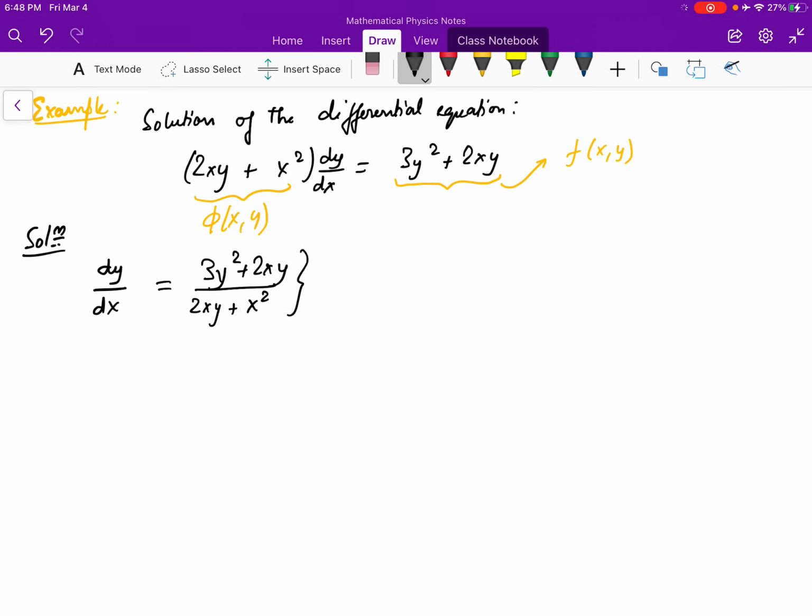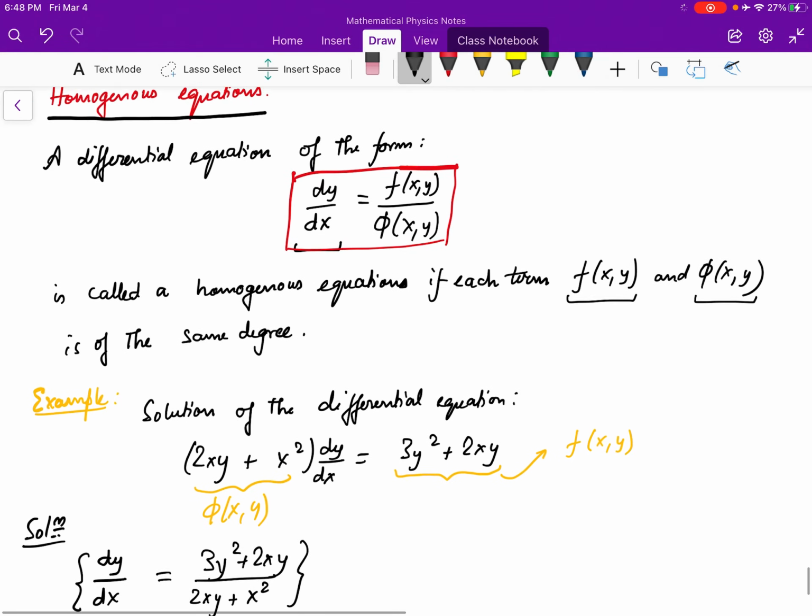This is the form of the homogeneous equation which we discussed, and as you can see, it has the same degree, which means that x is multiplied with y, so the degree is 2, and y is raised to the power of 2. Again, in the denominator, we have x multiplied with y and x raised to the power of 2. So the degree is consistent, hence we can treat it as a homogeneous example.